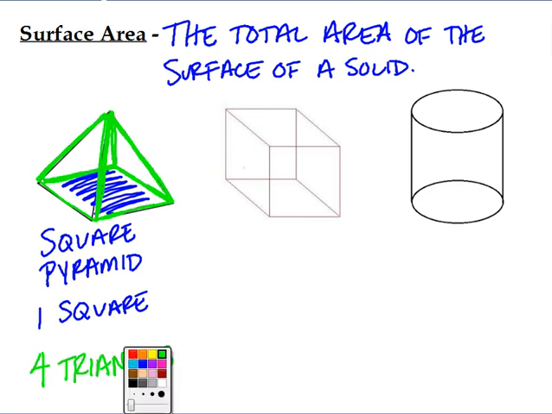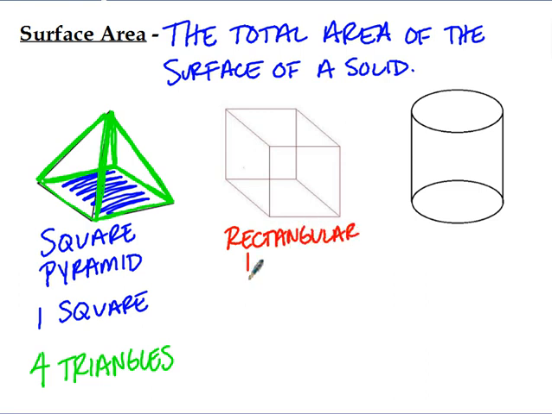Now the next figure here, if all the sides are the same, it would be a cube, or we could call it a rectangular prism. And we want to think about how many different surfaces there are here. There's 6 of them. So you would say, okay, this front square here, that's 1, and then the back rectangle there, or square, depending on the measurements, would be 2.